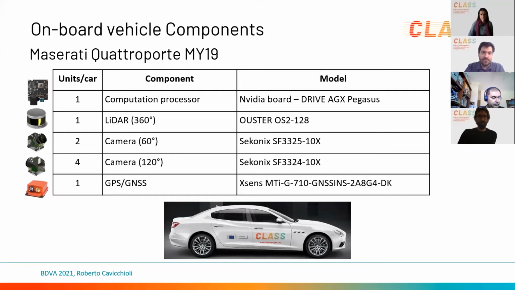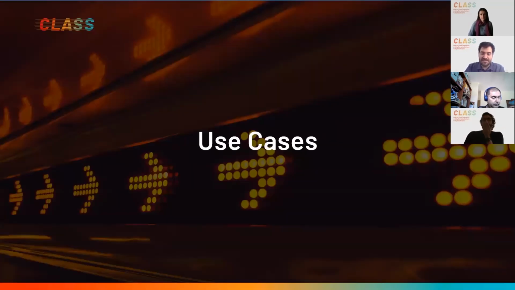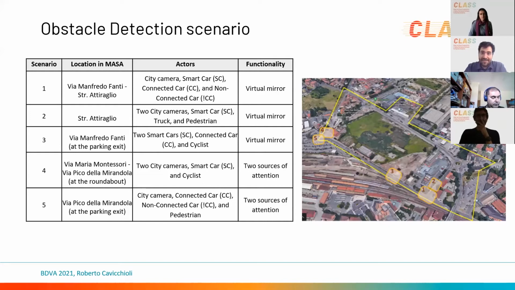And so let's just now discuss what is the most complex use case that we have to tackle in our project. The target is to have a real-time obstacle detection and collision prediction that will send warning signals to smart vehicles and connected vehicles. Just to clarify, what I've just shown to you is a smart vehicle, which is a vehicle that is able to perceive the environment.